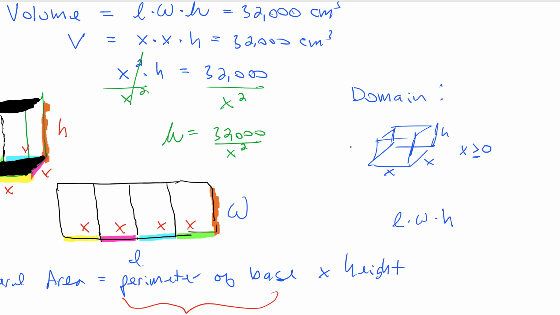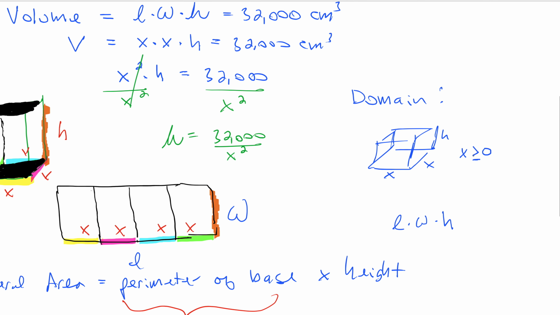But for this particular problem, you can mess with your combinations to always get a volume of 32,000. h can be some sort of fraction, x can be something else, and you can always get 32,000. So your domain is greater than or equal to 0. That's it, actually. It runs all the way to infinity.